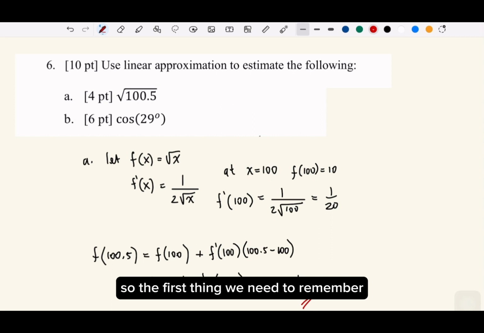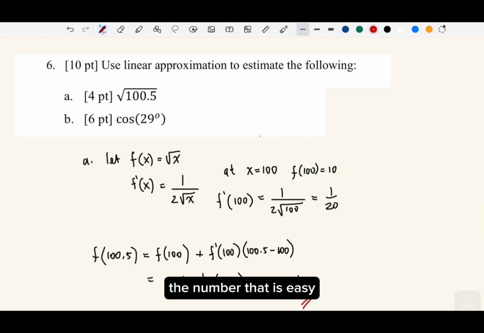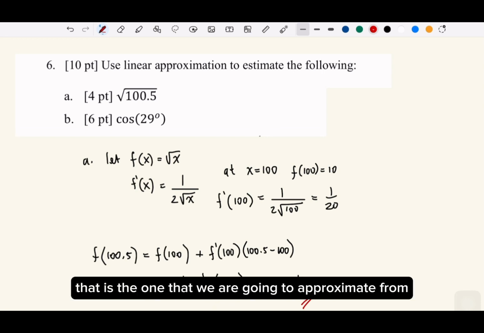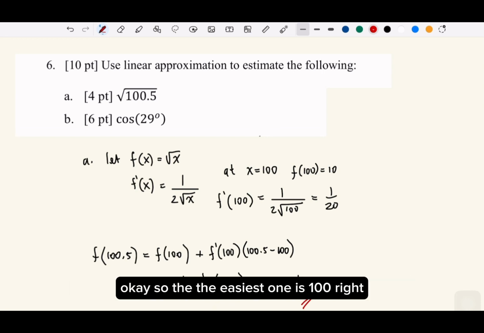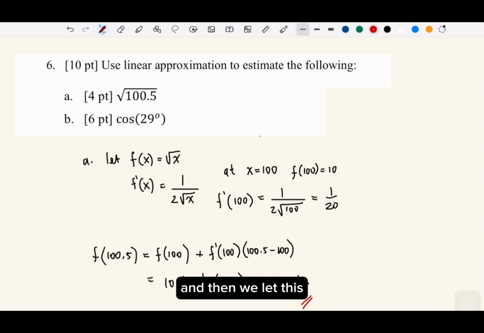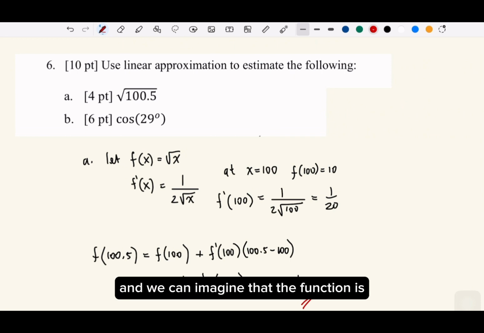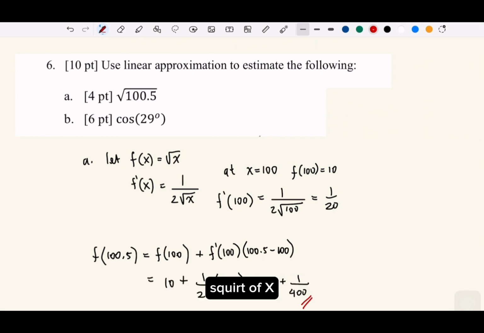The first thing we need to remember: if we try to take the square root, we approximate from the number that is easy to take the square root of. Okay. So the easiest one is 100, right? And then we imagine that the function is square root of x.